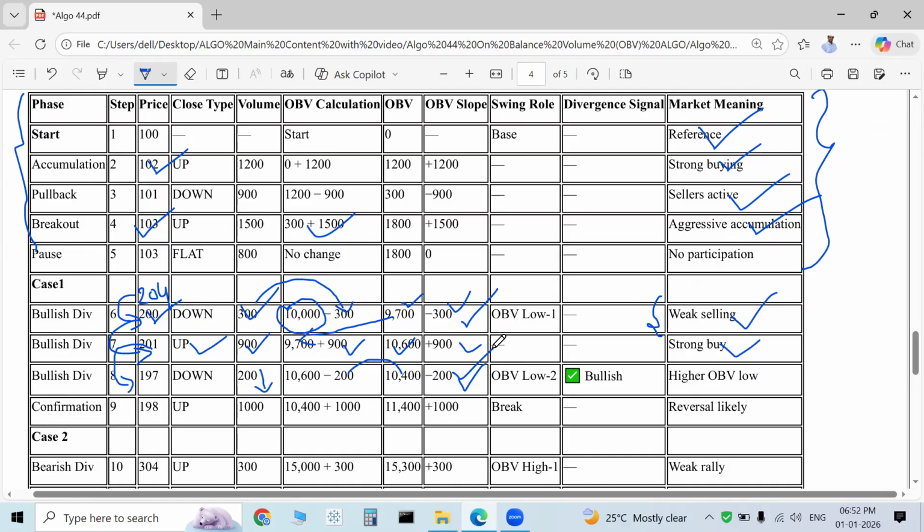So the slope is decreasing, which means the volume on the seller side is decreasing. There's a huge possibility of a reversal, and now we get the price on the upside. When the price goes up, the volume also increases. That means the slope becomes positive and now the reversal is possible.